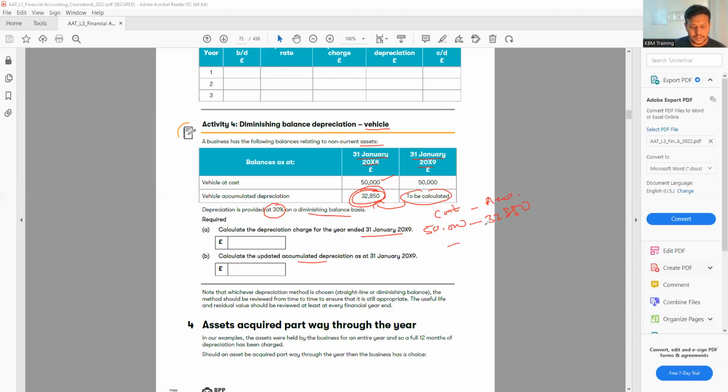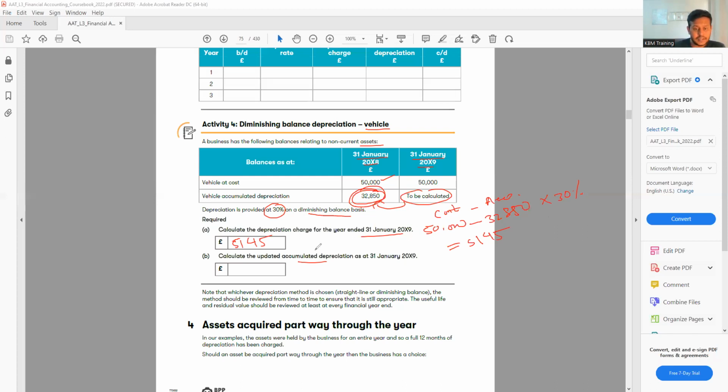On the carrying value, you have to do 30%, times by 30%. And that will give us 5,145. So this is the depreciation charge for this year, 5,145. So this is our depreciation.